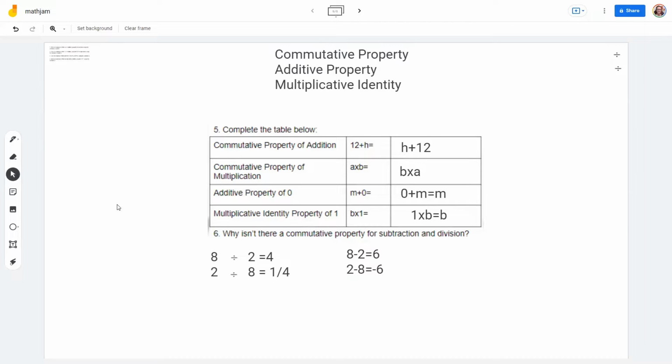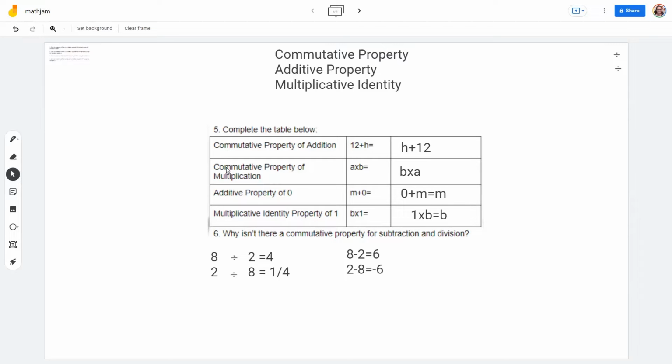Okay, so those are your commutative properties, additive properties, and multiplicative identities. So remember, when you are looking at these, your commutative properties state that with addition and multiplication, now remember, that's not going to be subtraction or division, only with addition and multiplication, you can change the order of the numbers and letters in the problem and still have the same answer.